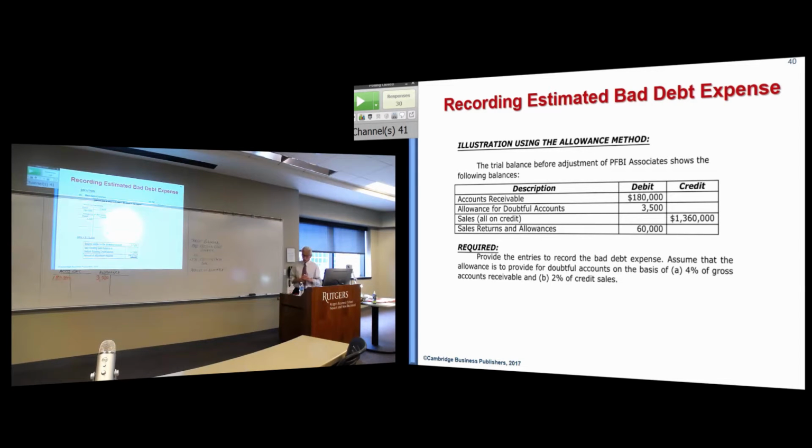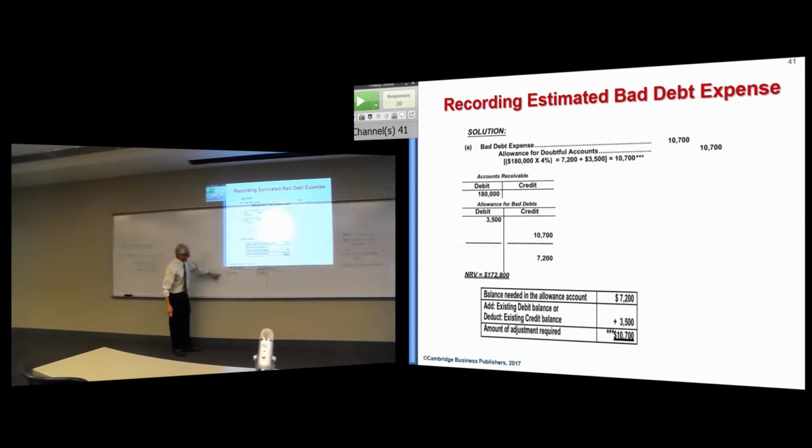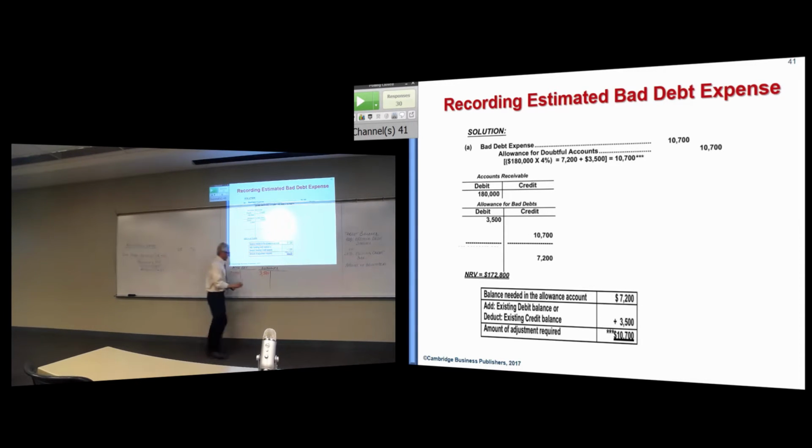In the first case, we're going to have the allowance account estimated at 4% of the accounts receivable balance. So in here, we're saying that you've got 180,000 of accounts receivable.